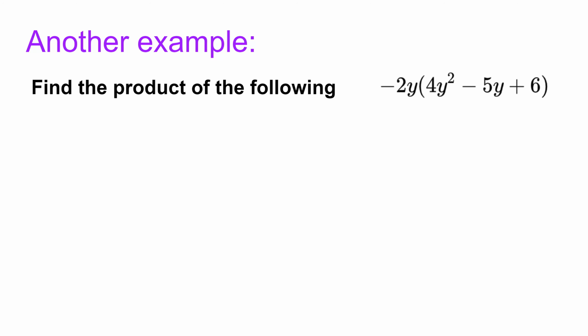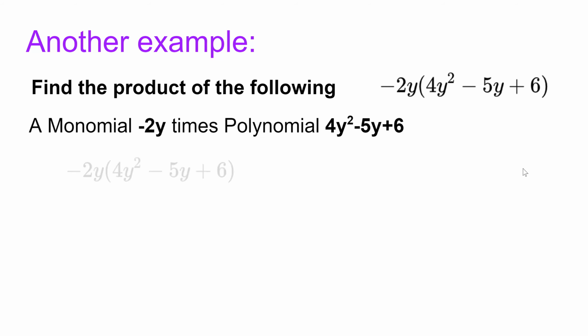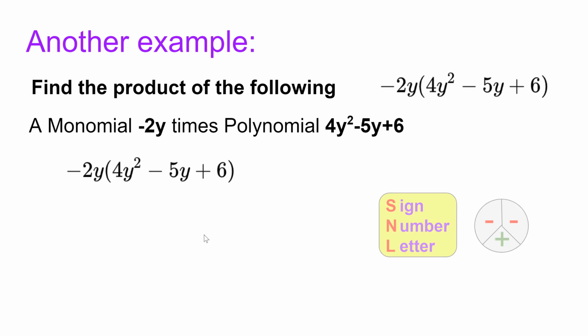What if you have a more complicated example? So you have a monomial, negative 2y, times a polynomial that has 3 terms, which is a trinomial. In this case, you will have negative 2y times 4y squared. That's the first arrow. We're going to want to apply this formula or this abbreviation: sign, number, letter.